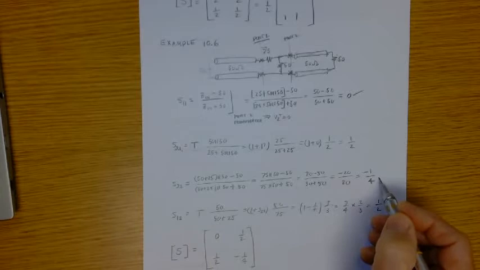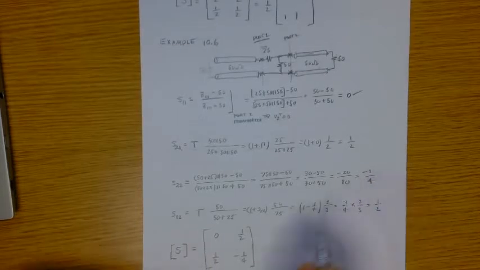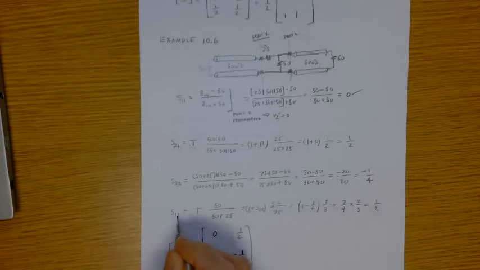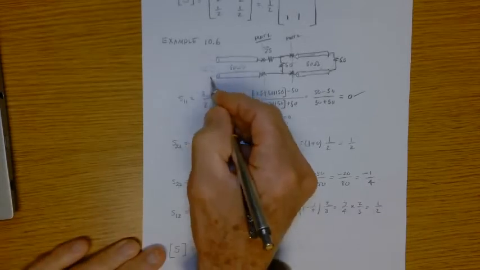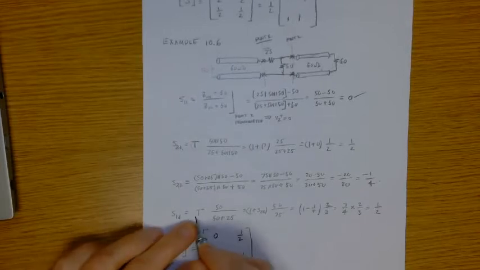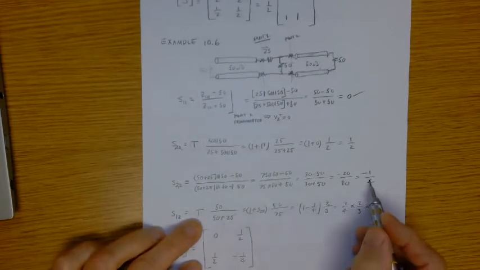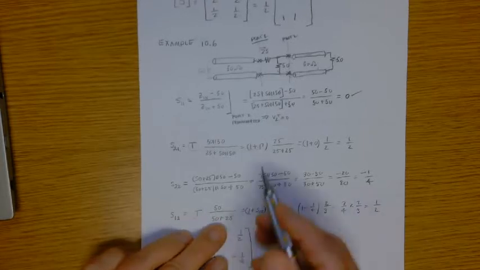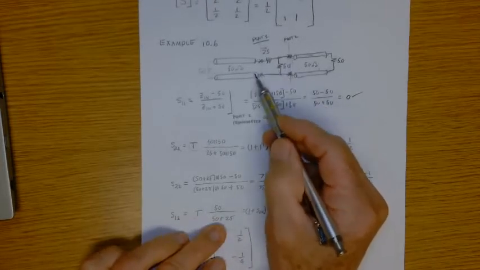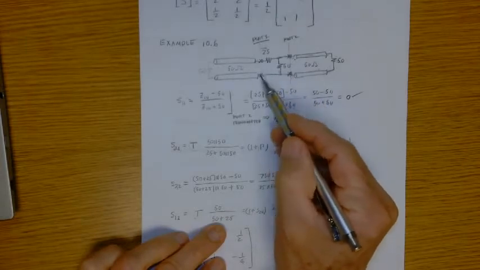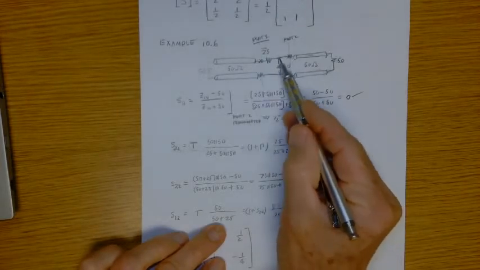Okay. And then using the same procedure for S12, again we terminate port 1. It's going to be the transmission coefficient, right, which is 1 plus S22, times, in this case, since we're going that way, this 50 doesn't enter into it because it's in parallel, right?